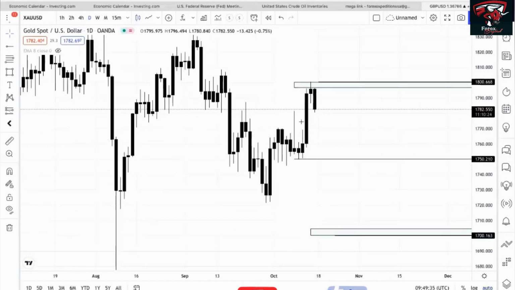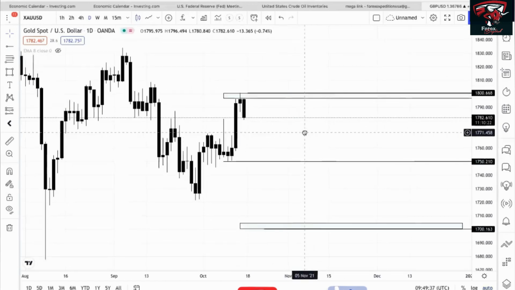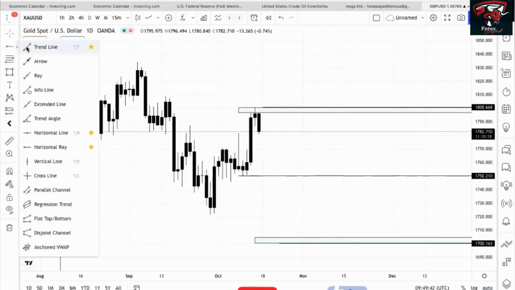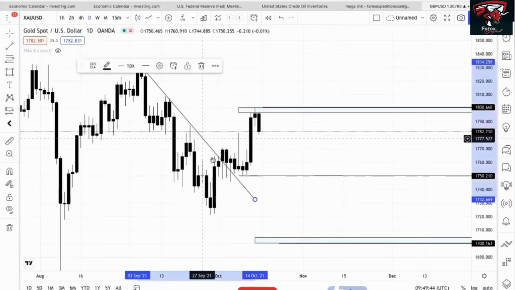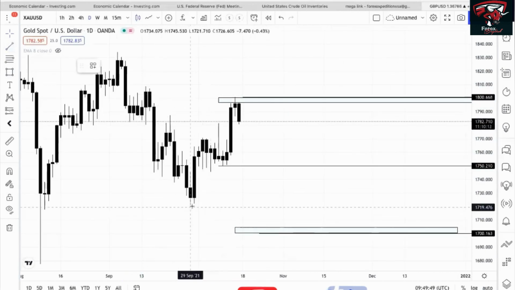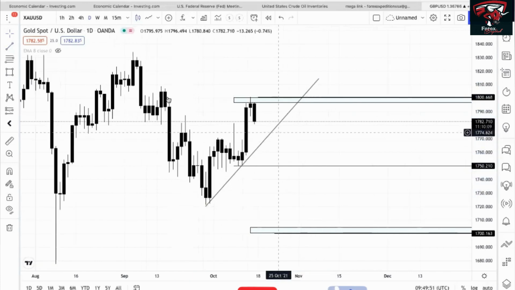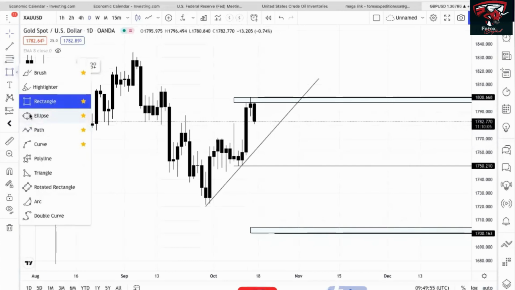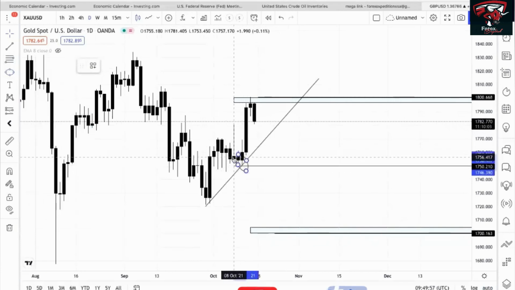Okay, so in this case, what type of a trend is gold moving in? Uptrend. I wouldn't look at that trend because it's exhausted. It doesn't work anymore. So I'm looking at that uptrend. I will take my ellipse and identify where price bounced off.